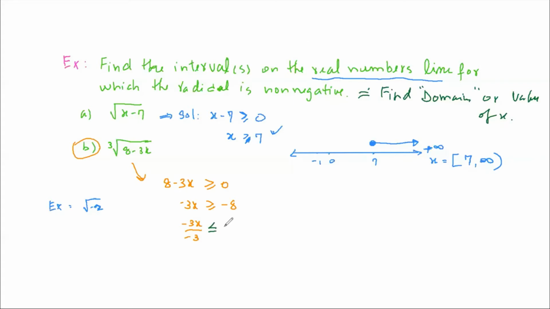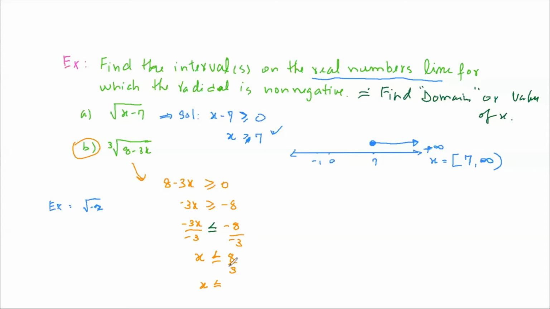And then this is going to be -8 divided by -3. Minus becomes plus. 3 cancels, you're left with x. And this is going to be less than or equal to, minus becomes plus, so you have 8/3. That means x is less than or equal to 8 divided by 3, which you can approximate as 2 point something, correct?